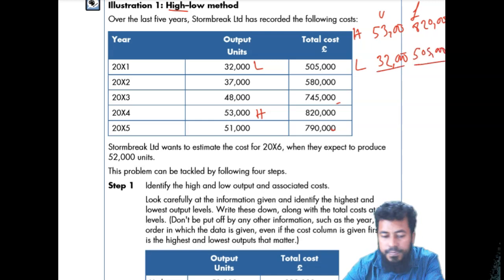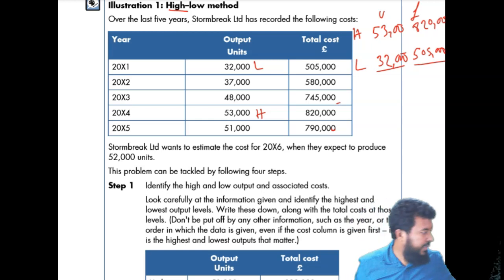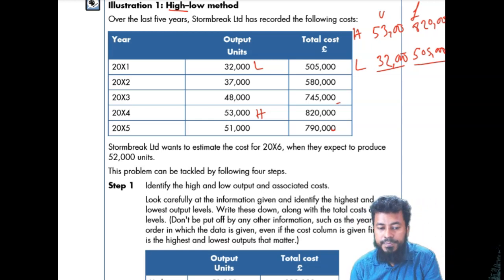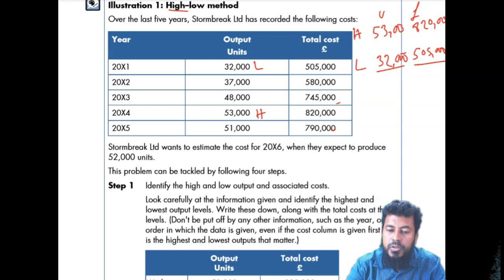Get the difference. If I get my calculator here, 53 minus 32, I get 21,000. 820 minus 505, you get 315,000.